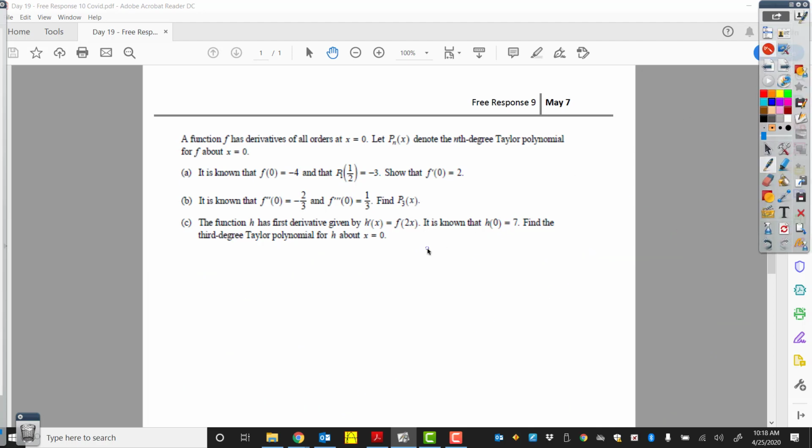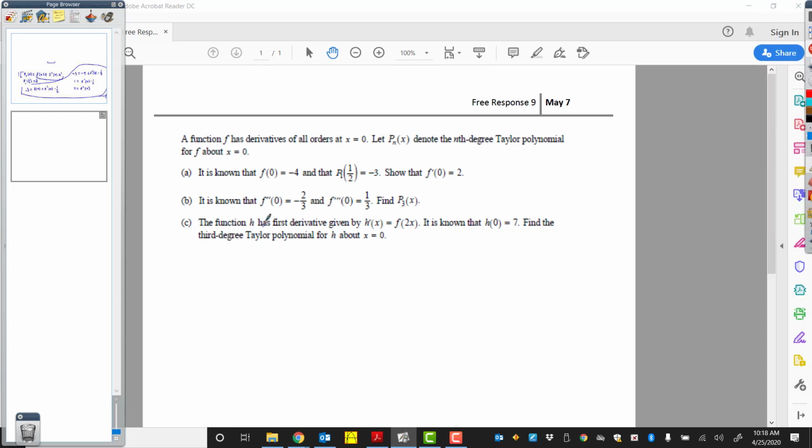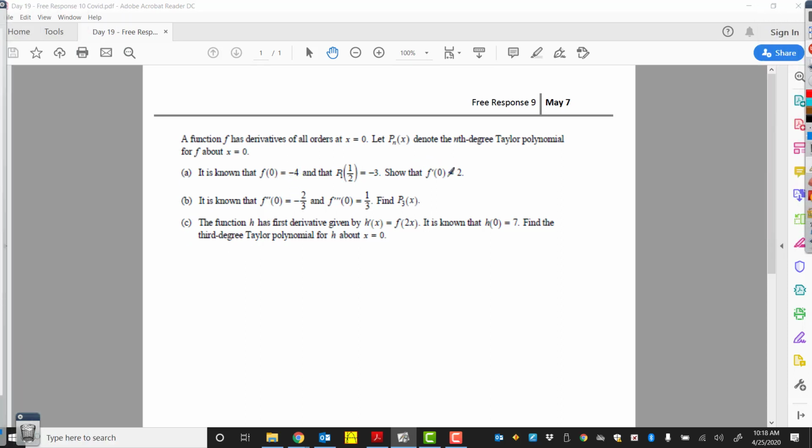All right, part 2 I feel like is the most straightforward of these parts. We know f of 0 is negative 4, f prime of 0 is 2, f double prime of 0 is negative 2/3, and f triple prime of 0 is 1/3. We want the third degree polynomial.